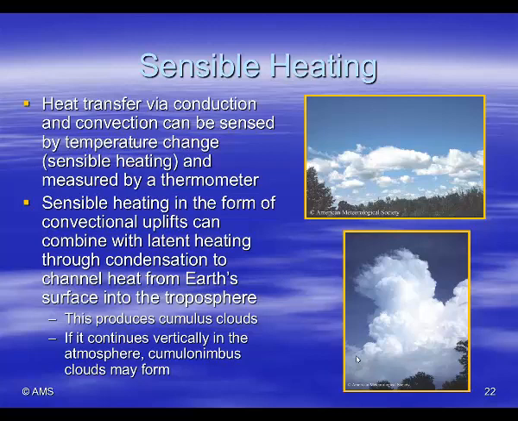So this forms cumulus clouds. What happens is we have warm, moist air, we heat it, it expands, it becomes buoyant, moves up into the atmosphere where it cools and condenses and forms clouds.